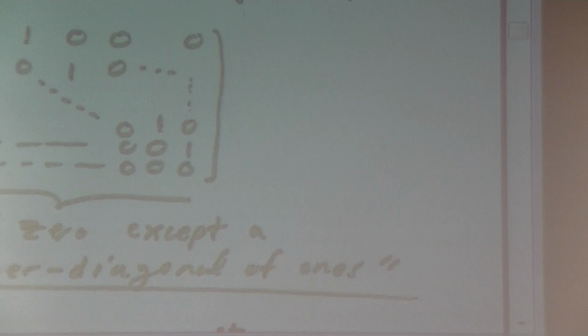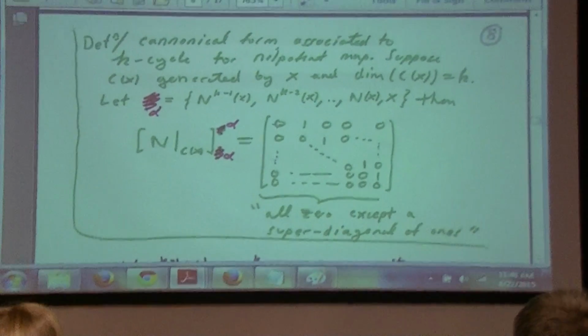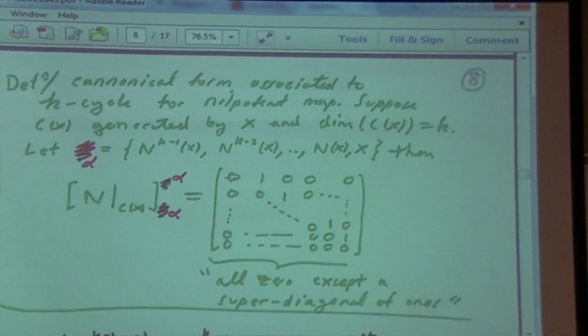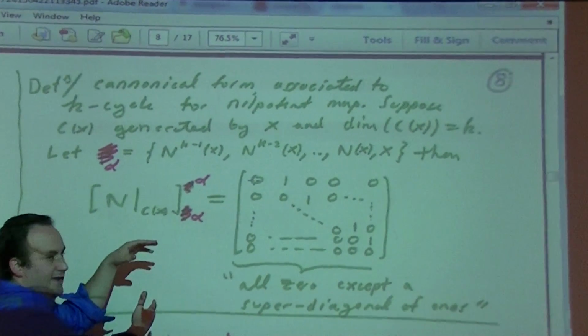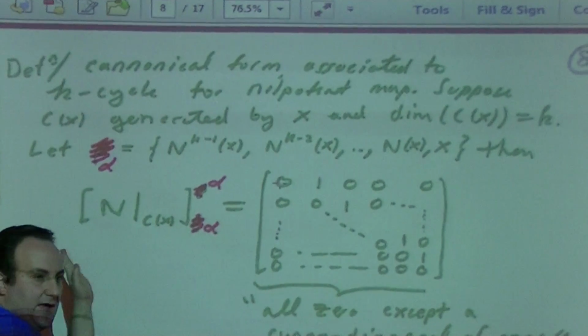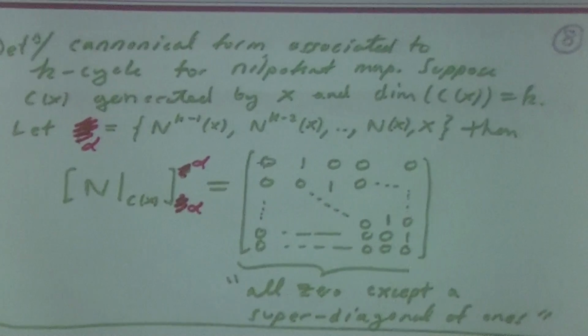So it's a k by k block. There will be k minus 1 copies of 1 on the super diagonal. All right, and this is the canonical block corresponding to the cycle, right? And what I'm saying is you can keep finding these cycles for n until you have enough to fill out the whole space V on which this nilpotent map is acting.